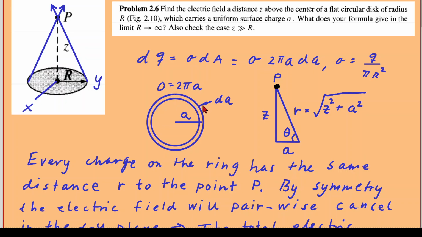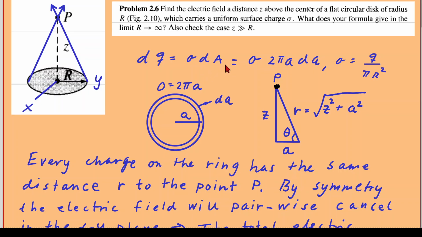That's why we call it dq, an infinitesimal charge. And in the problem we were given a charge density sigma, and the charge density times the infinitesimal area element is the charge, sigma dA.